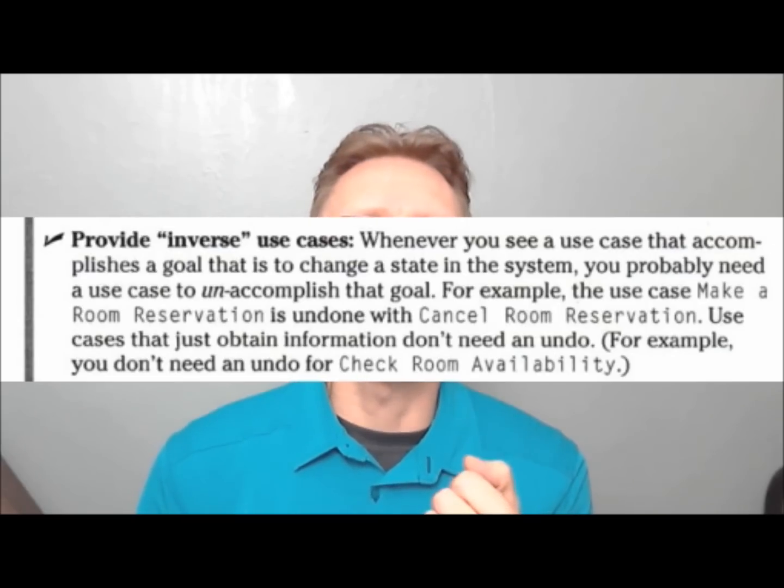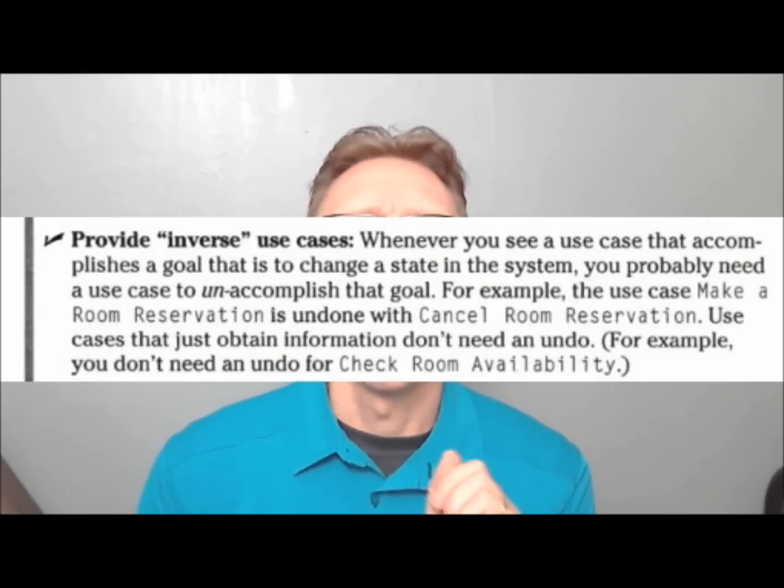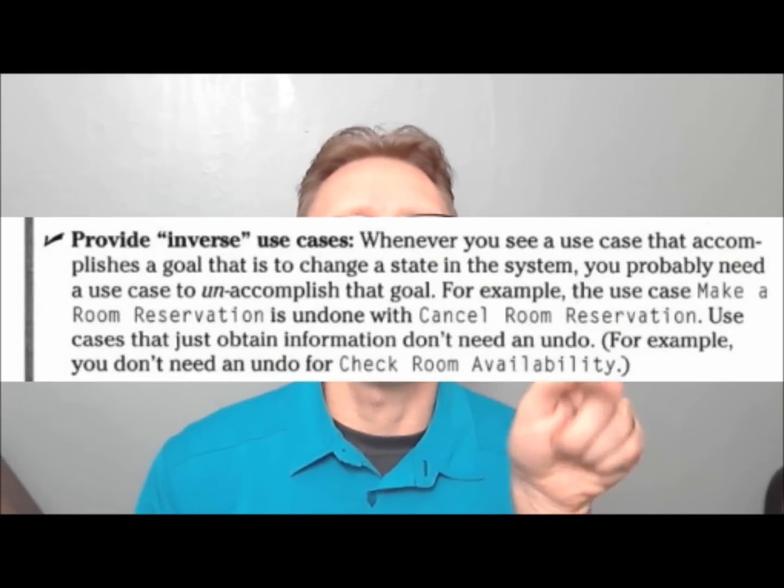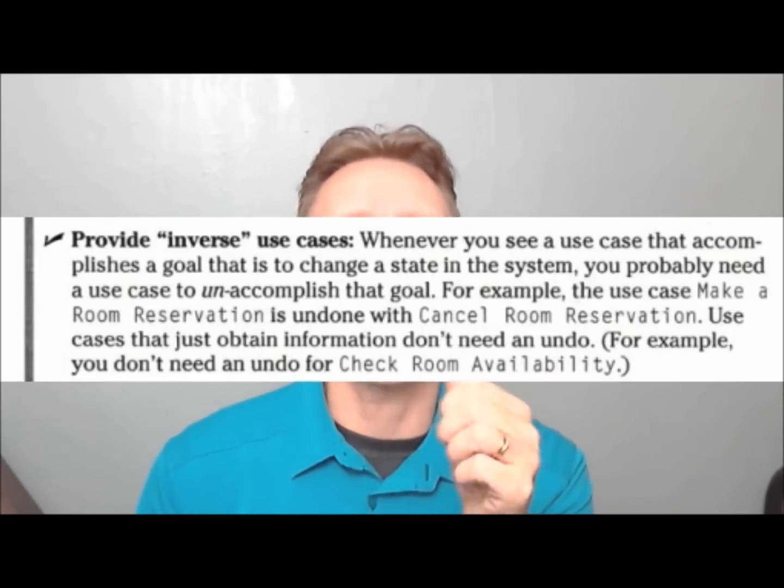Provide inverse use cases is another rule, which is reserve a room and then cancel a room. So that's why we had that on there. Back to our restaurant example, we didn't have order food, cancel order for food. That is incredibly rare, and I don't recall any inverse use cases in our restaurant example.